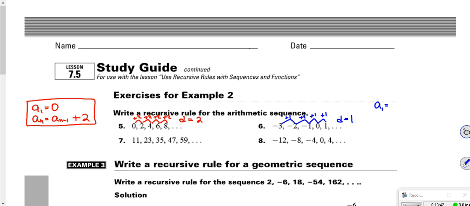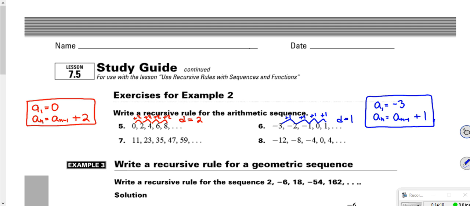I've got to have my a sub 1, which is negative 3, and I've got to have my a sub n is a sub n minus 1 minus, oh, sorry. I looked at the wrong thing. A sub n minus 1 plus 1, my D. I looked up above and saw the minus 3 and wrote down the wrong thing. So that would be what I needed for number 6.